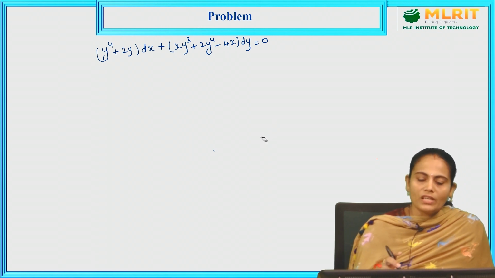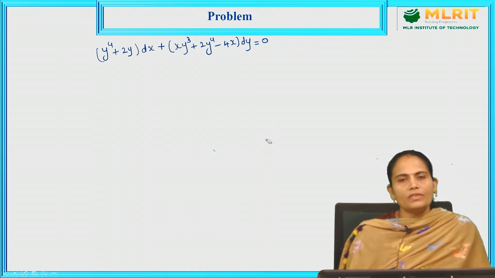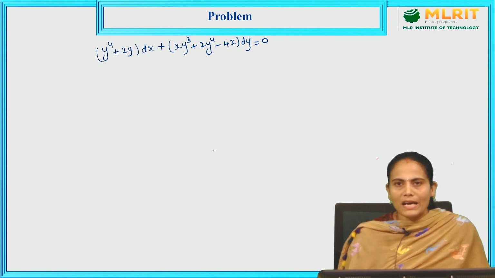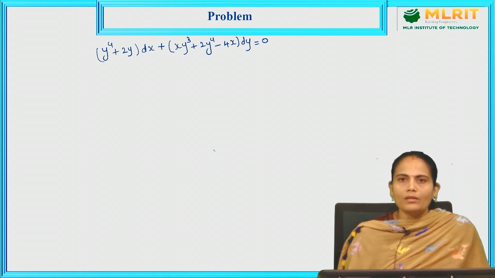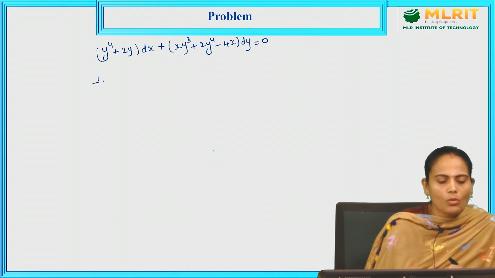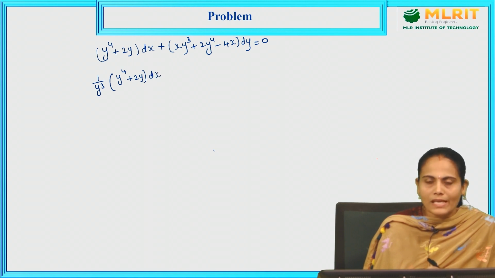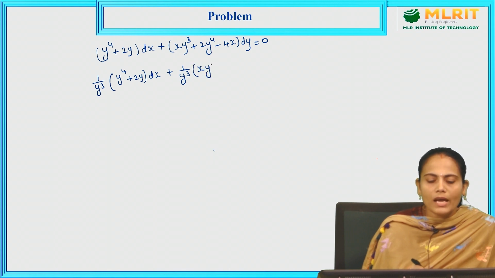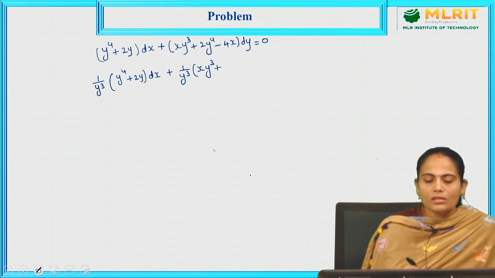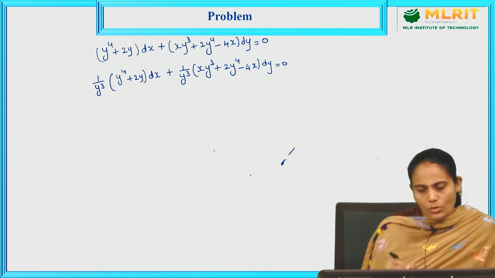We multiply with the integrating factor 1 by y cube: 1 by y cube into (y power 4 plus 2y) dx plus 1 by y cube into (xy cube plus 2y power 4 minus 4x) dy is equal to 0.